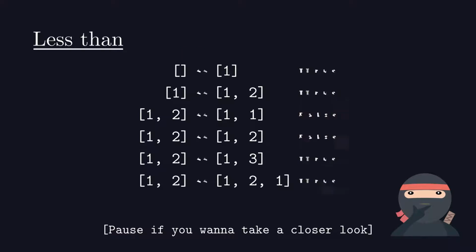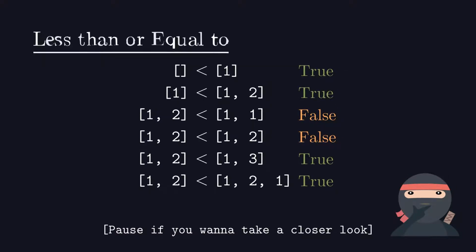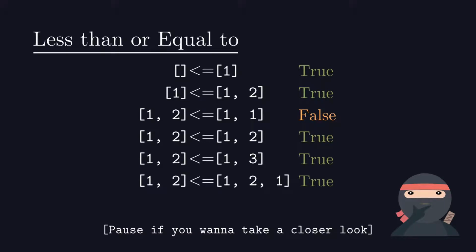If both elements are the same, then it will compare the next one and so on, just like dictionary order.